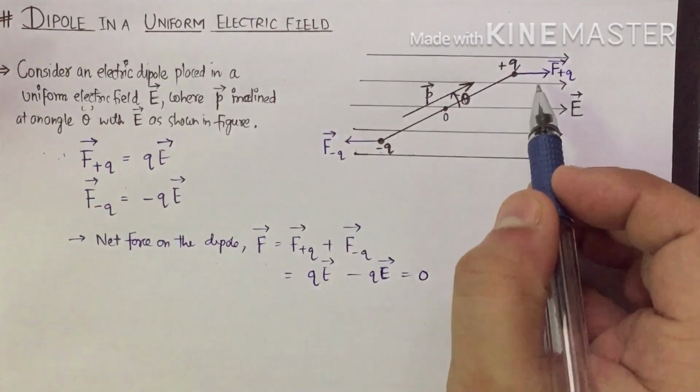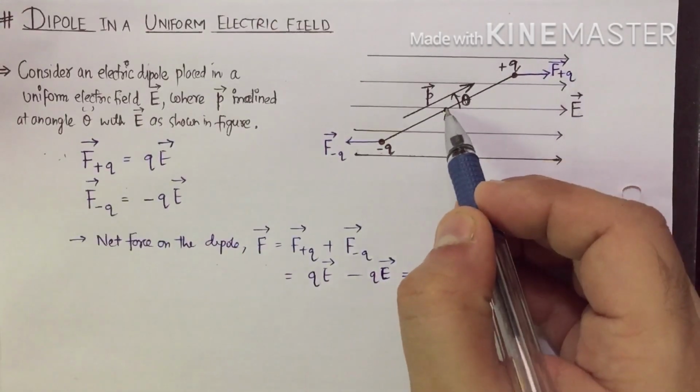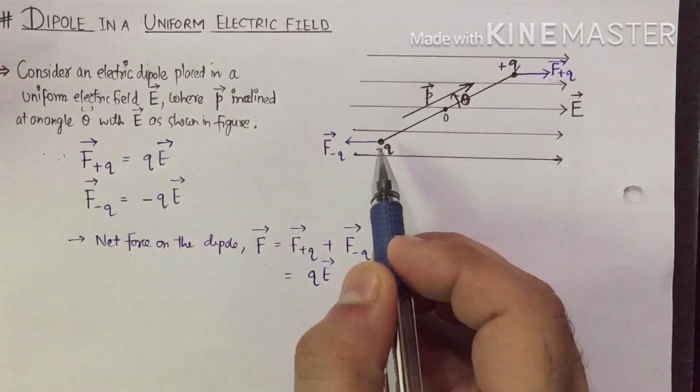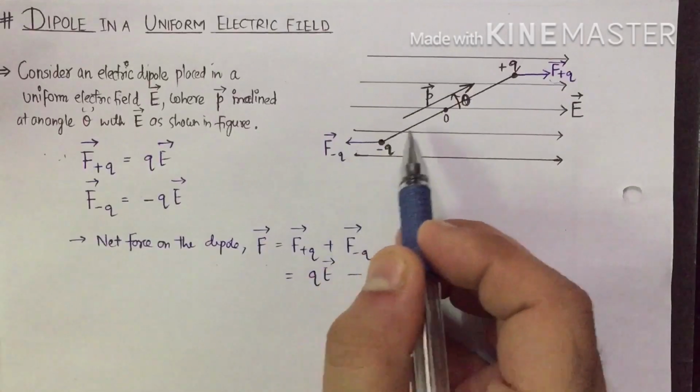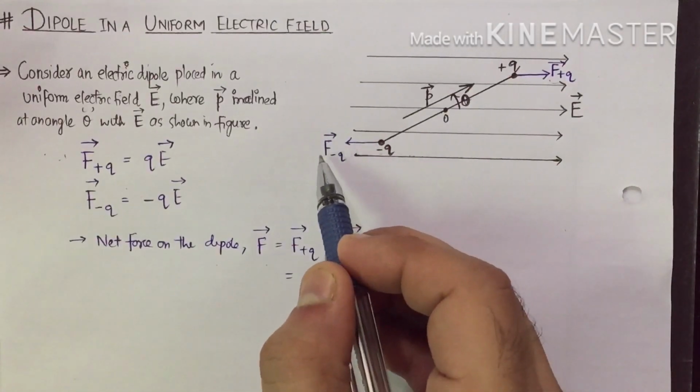We'll first calculate the torque about this point O by this force. Then we will calculate the torque about this point O by this force.